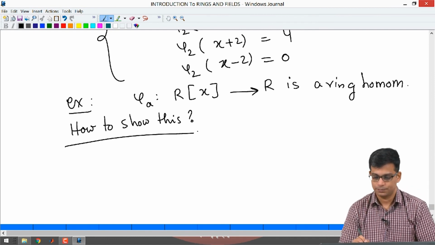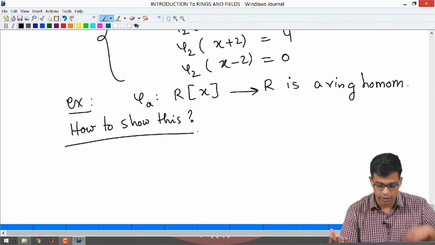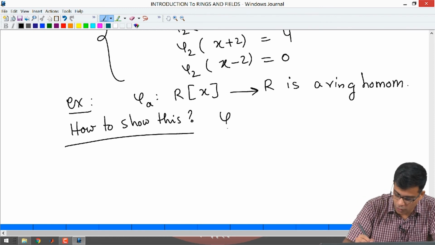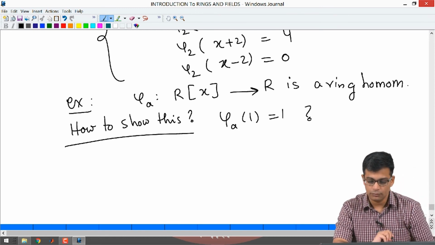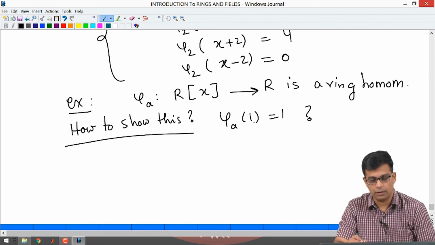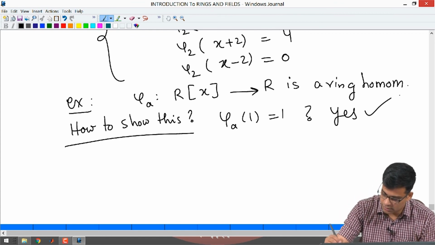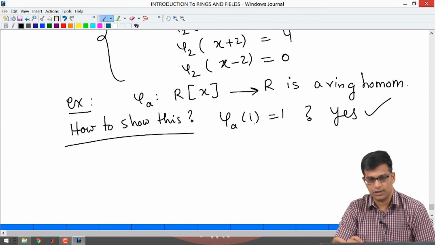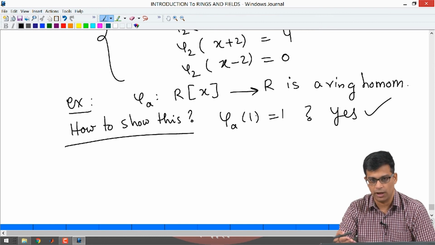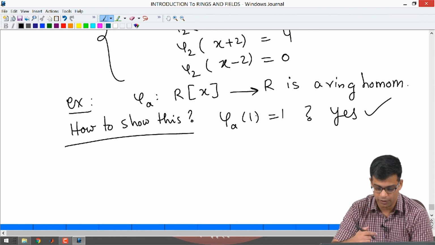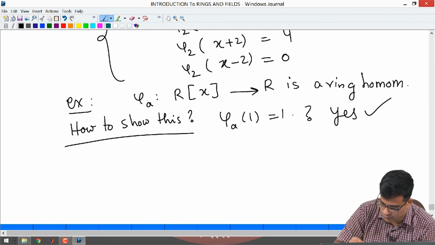There are 3 properties to check. First of all, is phi a of 1 equal to 1? Take the constant polynomial 1, substitute x equal to a, do you get 1? We get 1, this is okay, because there is no x in 1. So, when you plug in a, there is nothing that changes. So, phi a of 1 is 1.